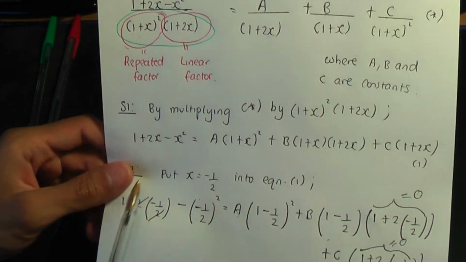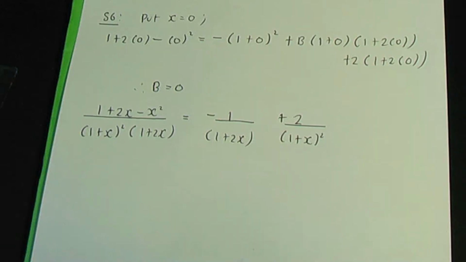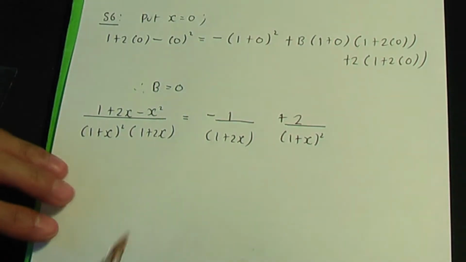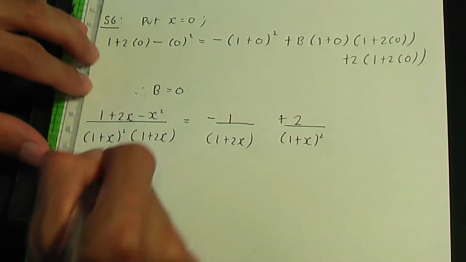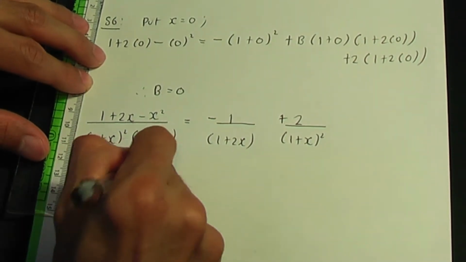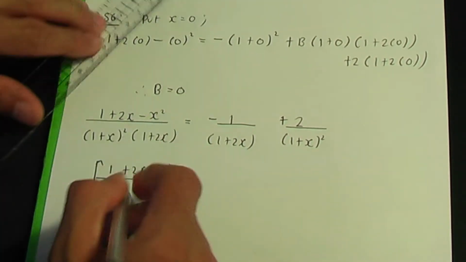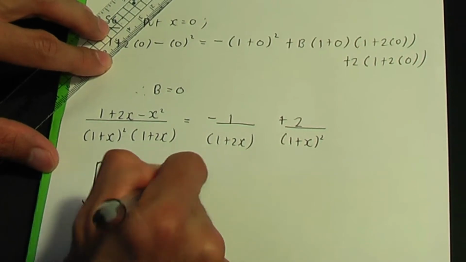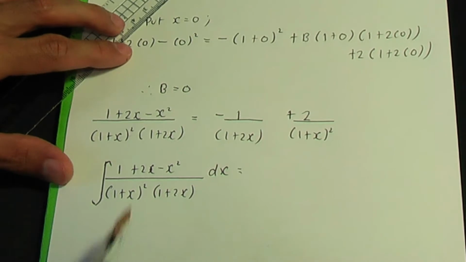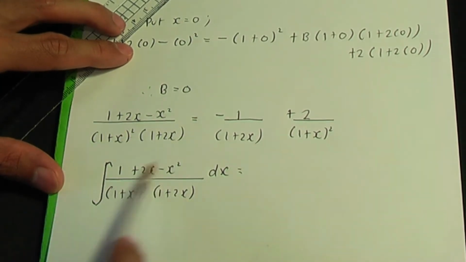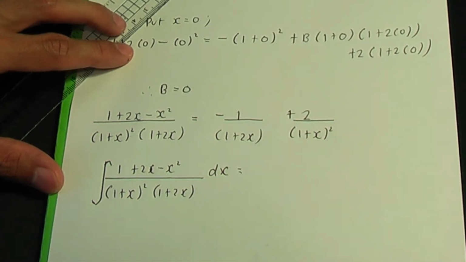So here's the arrangement, and you've seen this method in the previous videos for working out the constants. Now if I continue further, if we had a question whereby we need to integrate 1 plus 2x minus x squared over 1 plus x squared into 1 plus 2x with respect to x, instead of integrating this large horrible fraction, we can integrate these two fractions separately.